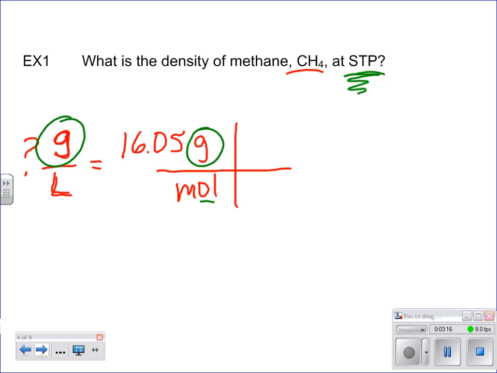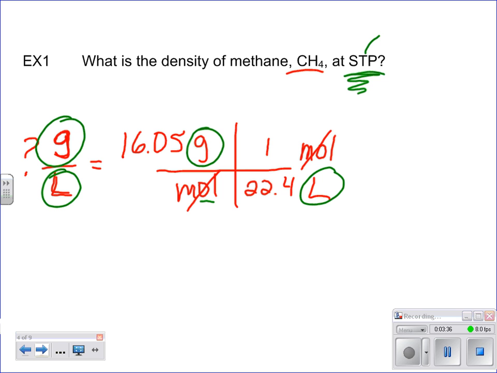It says it's a STP, so all I need to do is say 1 mole of any gas at standard temperatures and pressures has a volume of 22.4 liters. That is it. If you had plugged in values, standard temperature, standard pressure, you would get exactly the same answer. But why take the long way when you can take the easy way?